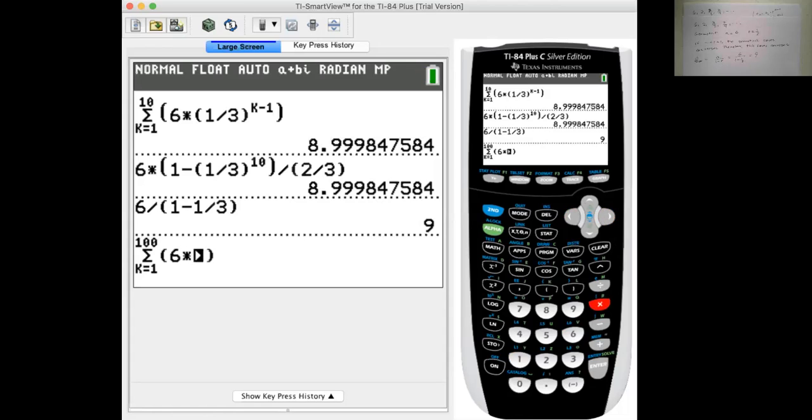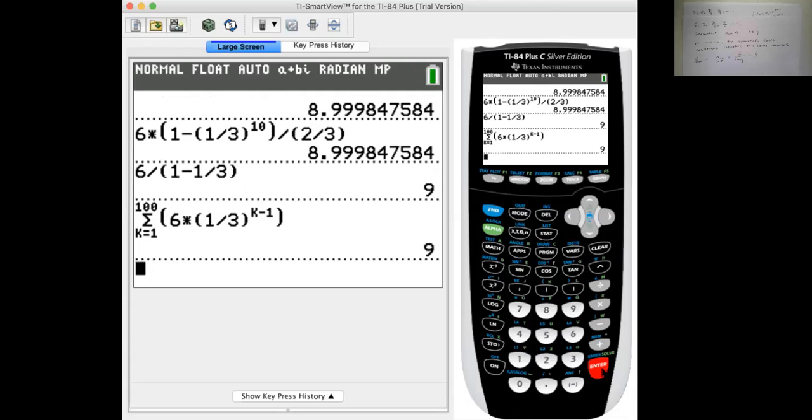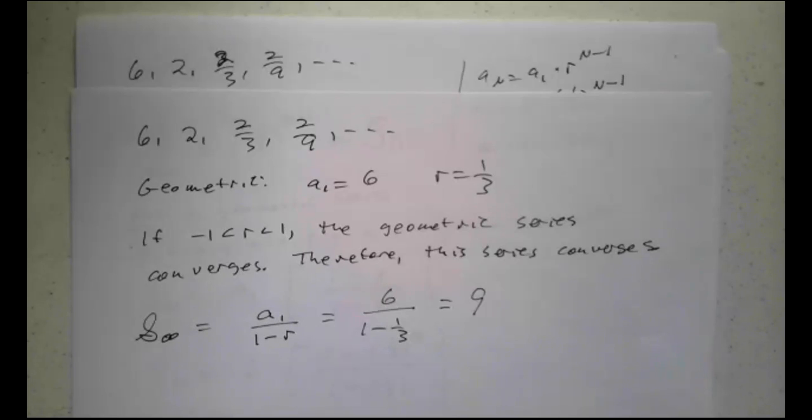But let's hope it gives us a decent answer here. 1/3 to the k minus 1. We expect it to be very close to 9. It may give us 9, but it's going to take a while for it to add all those up. And sure enough, it gives us 9, but it's not really 9, it's 8.999 and a whole bunch of 9s. And that's it.